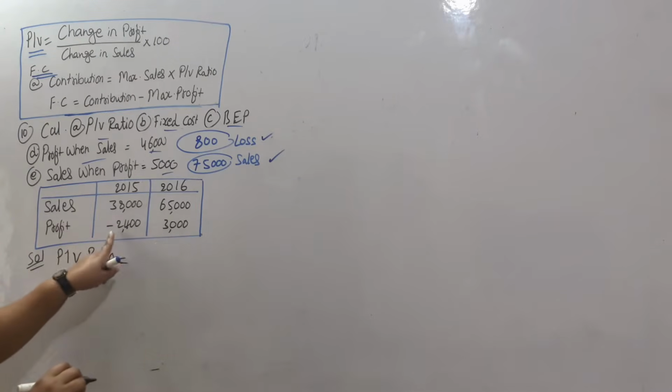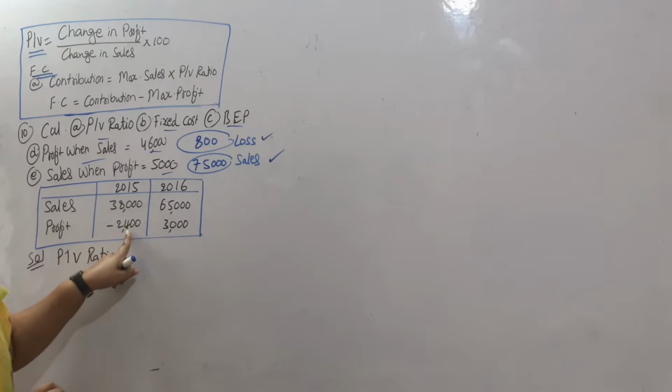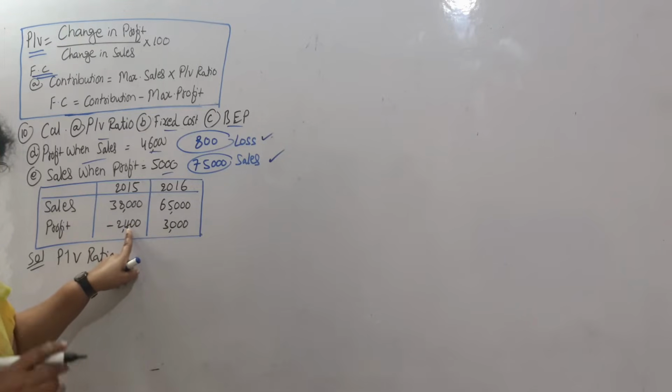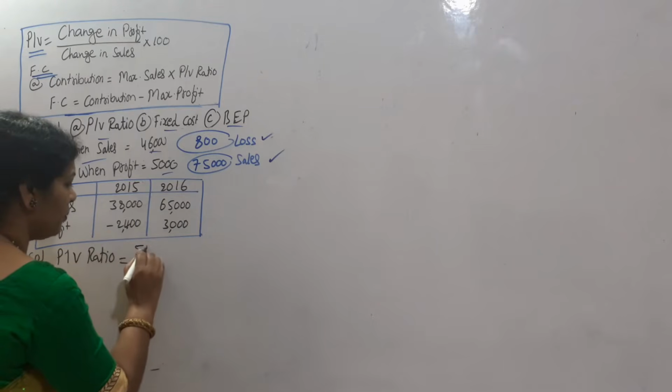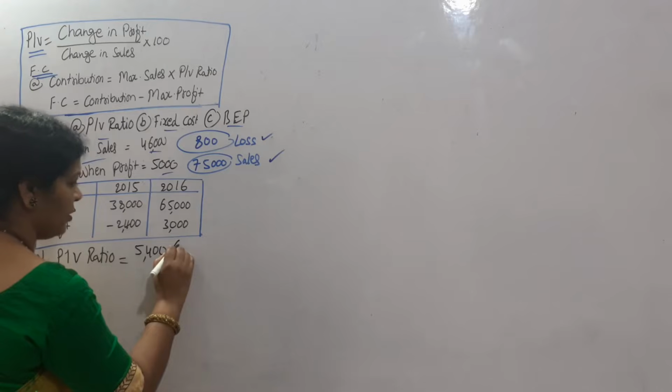Generally we do 3000 minus 2400, but here the value is in minus, so minus into minus comes to plus. That is why the change in profit will be 5400.